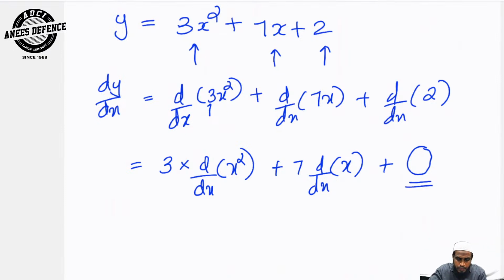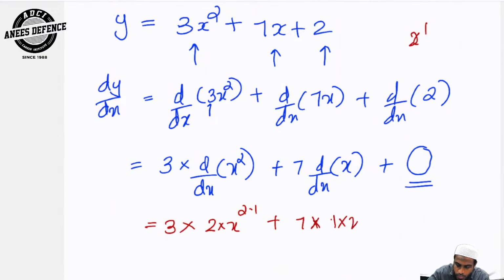So here, 3 into d by dx of x square. What is the x square derivative? 2 into x raised to 2 minus 1, plus 7 into x, meaning x raised to 1. So 7 into 1 into x raised to 1 minus 1, plus 0.